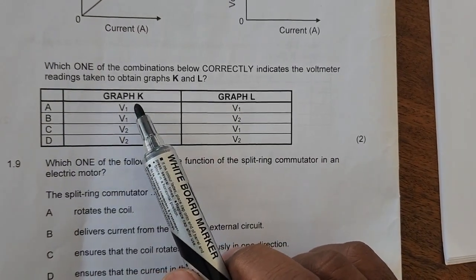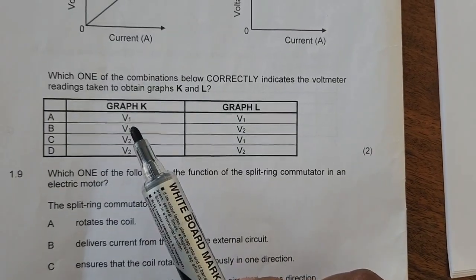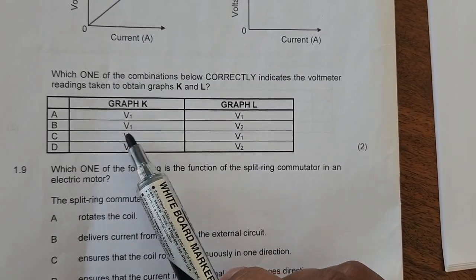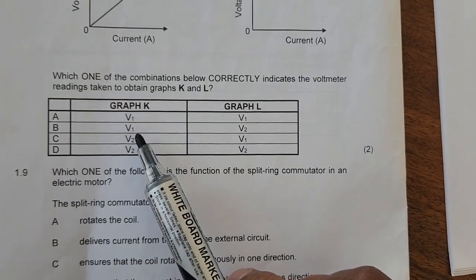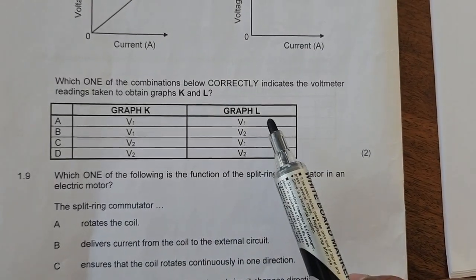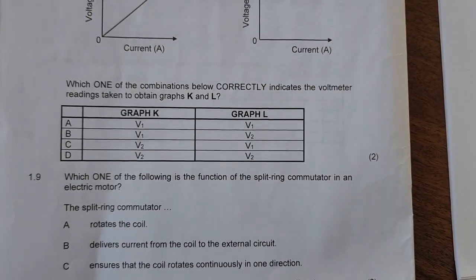Okay, fine, let's look at this one. In graph K, what will be, in this case, V1? If graph K is V1, then in graph L we must get V2 in this case.